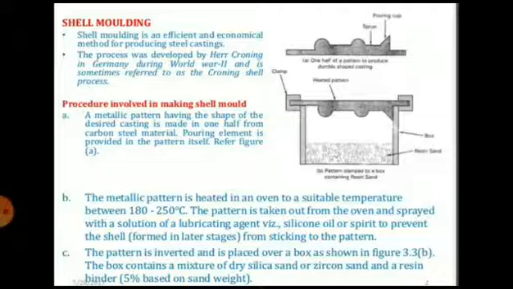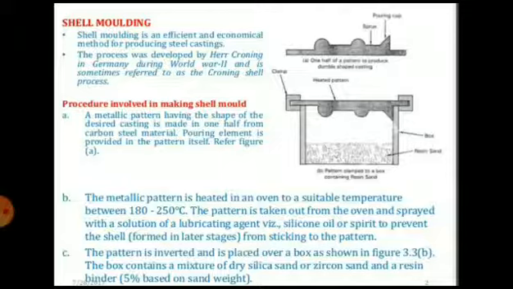After making a pattern, the next step is sand resin in a dump box. You can see diagram B. There is a dump box in which the sand and resin mixture is poured, and there is a hot pattern. The metallic pattern is heated in an oven to a suitable temperature.